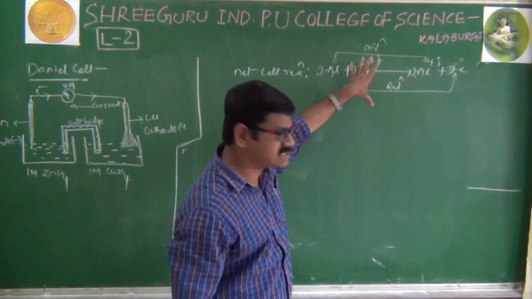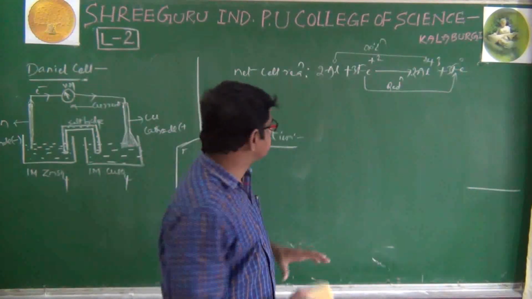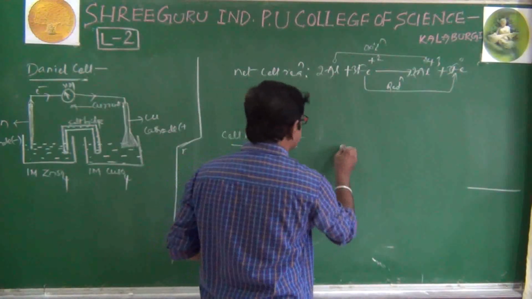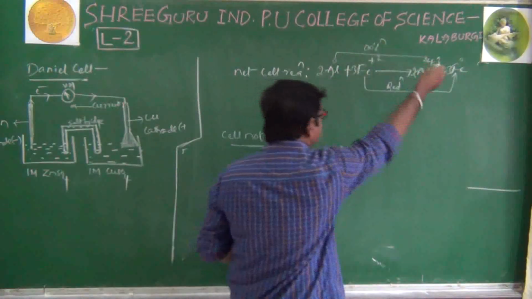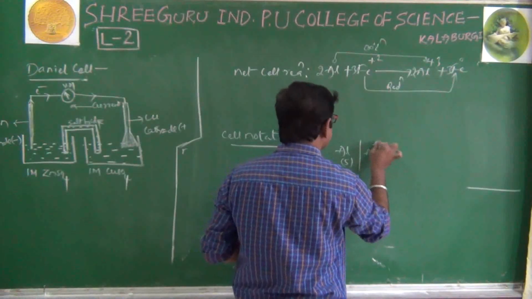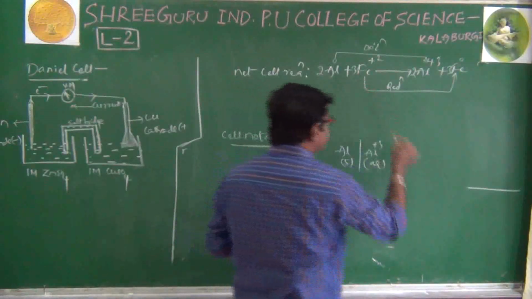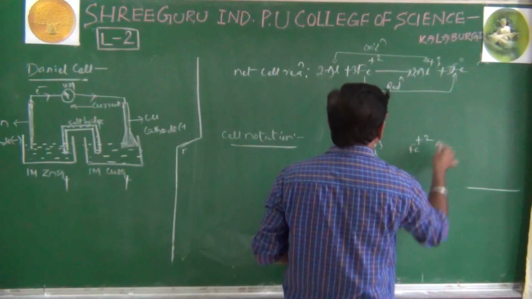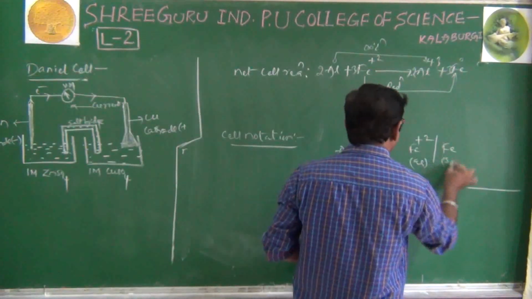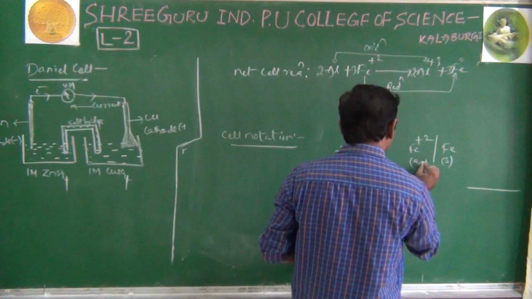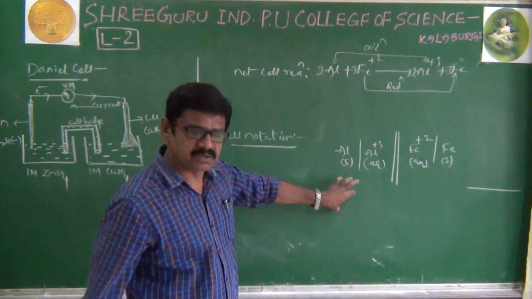Now, with the help of this net cell reaction, we have to write the cell symbol like this. First I am taking aluminium, Al, which is right now in the solid state. Al has converted to Al plus 3, the aluminium ion in solution, and next Fe plus 2 has converted to Fe, and both are separated by two vertical lines, which is the salt bridge.